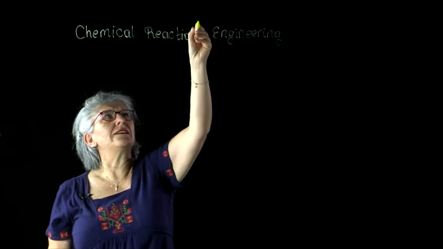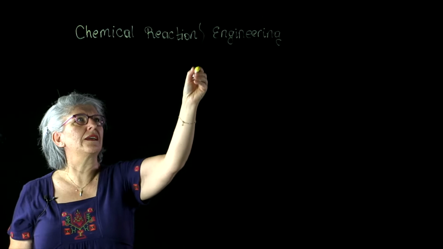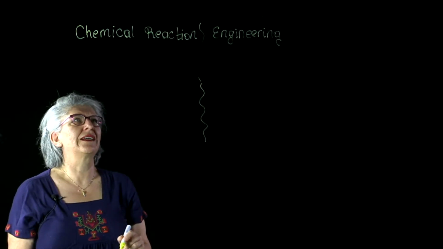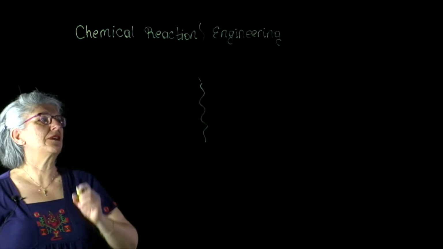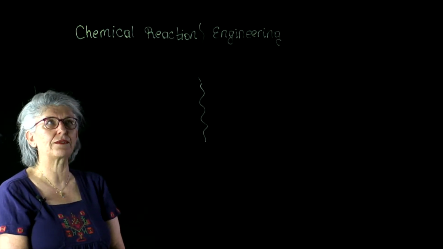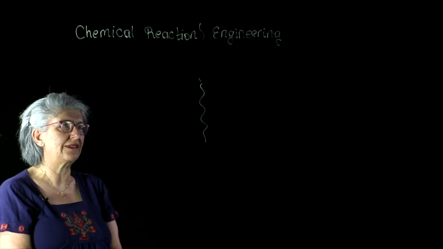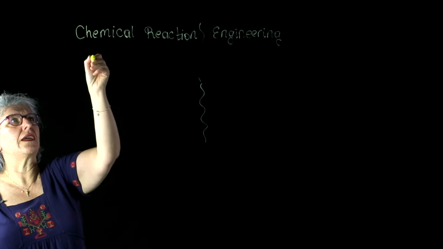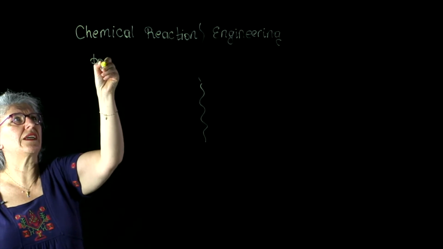I will divide the topic into two and address those two terms, chemical reaction terms together and engineering terms separately, and then I will link them together. Chemical reactions require bond-making, bond-breaking events.